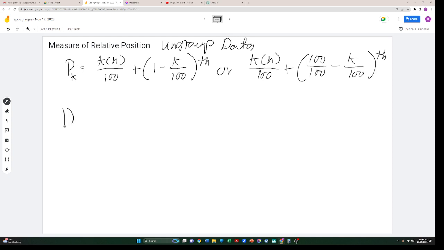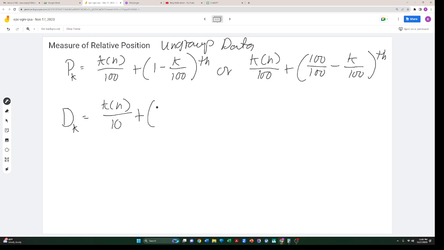And how about the formula of the decile? Dk, which is k times n, where n represents the total number of students or scores, divided by, when we say D, decile, therefore 10 parts. D1, D2, D3, up to D10. So you put 10 there. Okay?